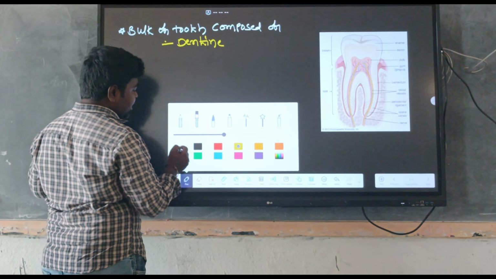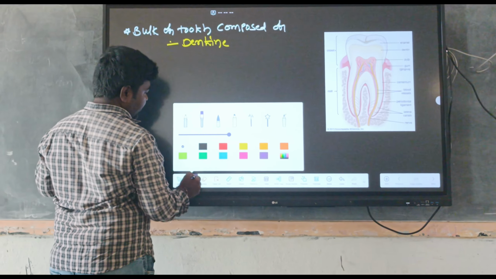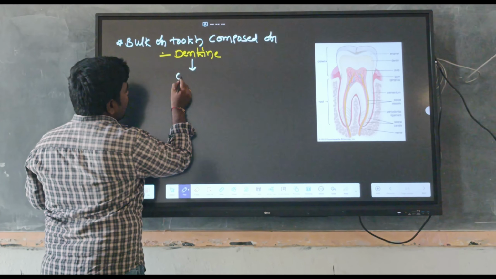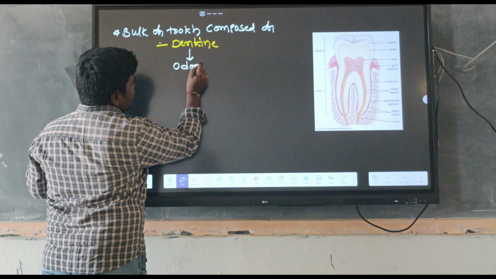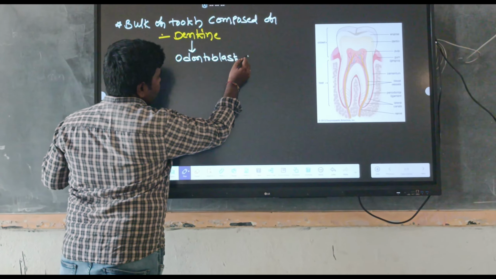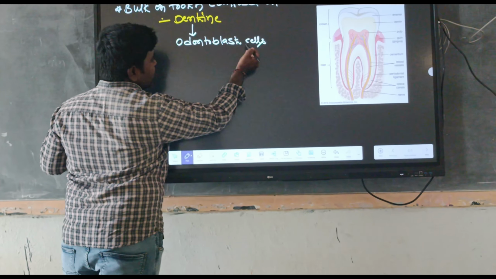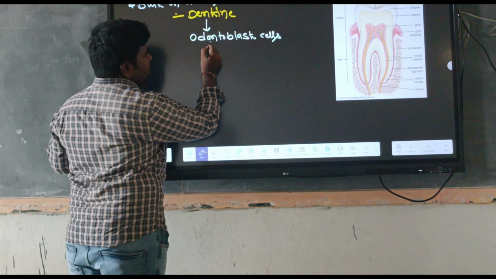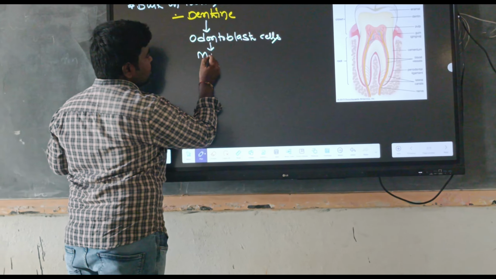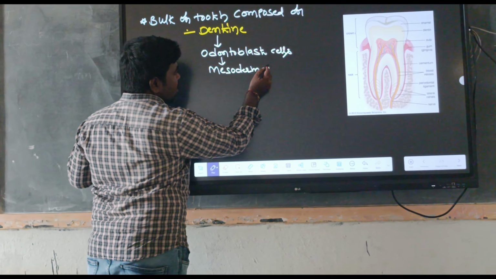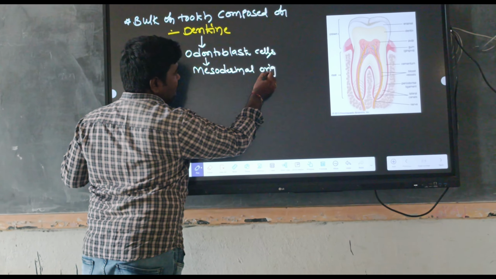The dentine is secreted by odontoblast cells. The dentine is secreted by which cells here? Odontoblast cells. These odontoblast cells are of mesodermal origin.